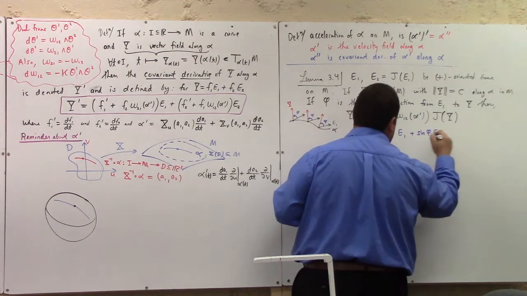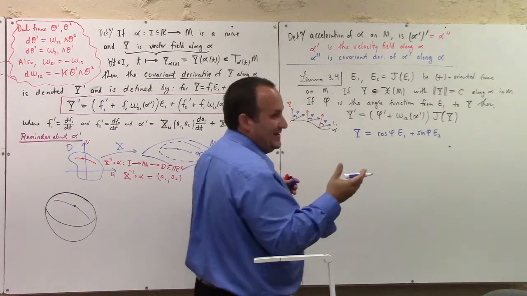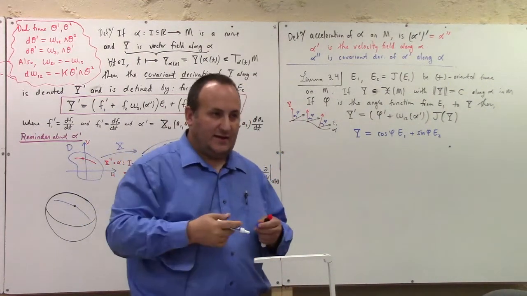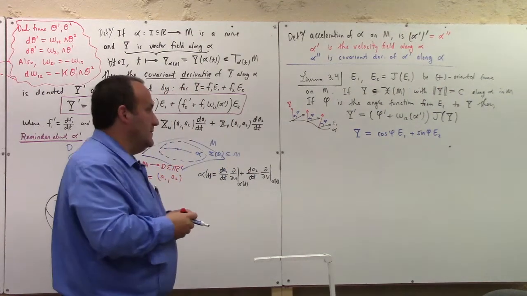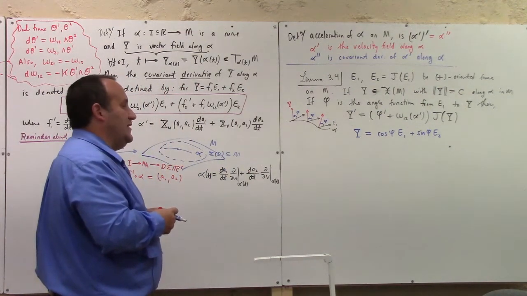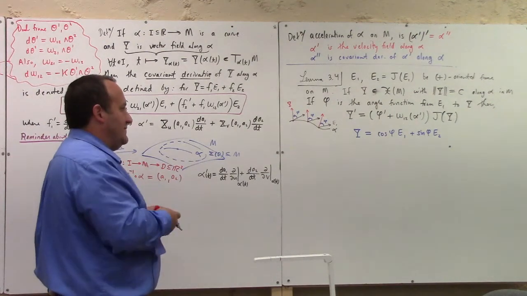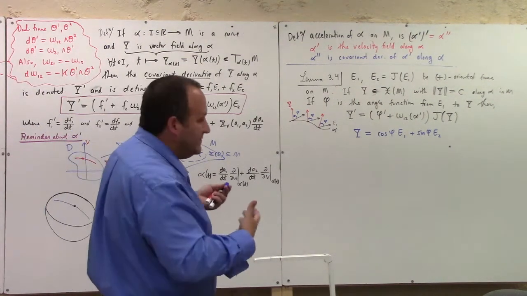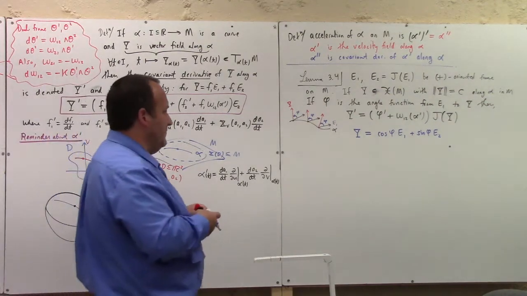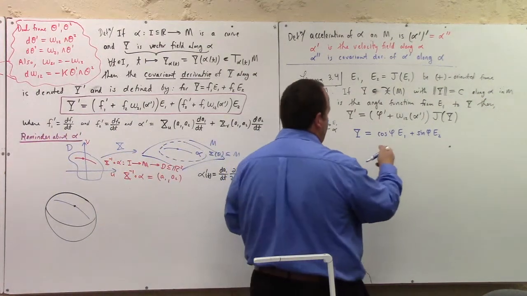I know that because it's positively oriented, just what's given about how E1 and E2 are situated. Or you could take this to define phi, essentially, this formula. But E2 is given to be j of E1.